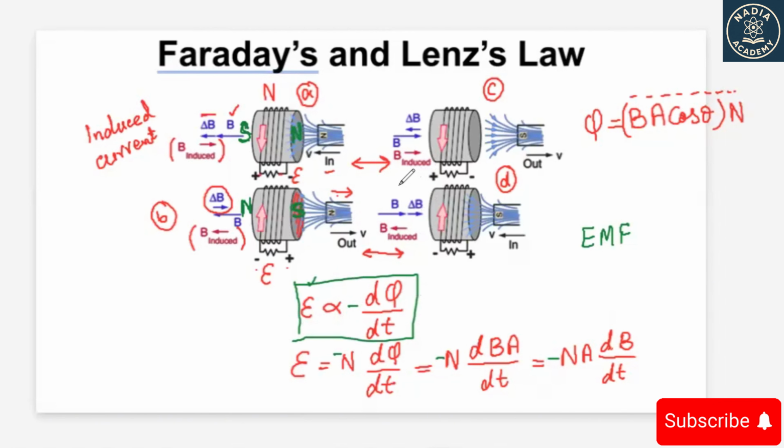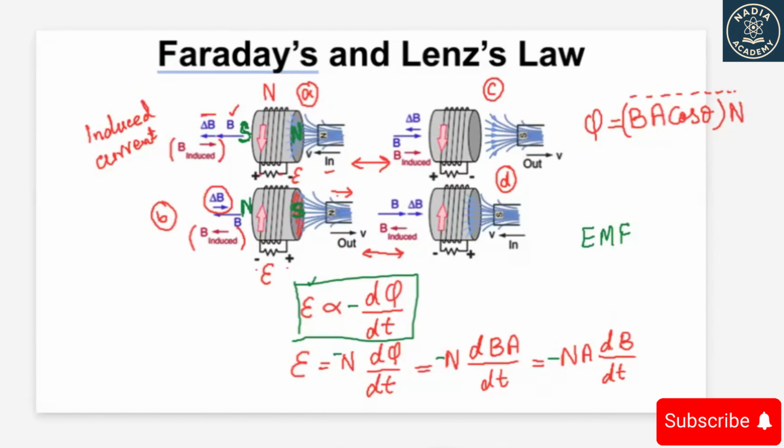This is Faraday's law and Lenz's law, the main concept of induced electromotive force in the coil. Now, we already learned that when we put a conductor with current in a magnetic flux density, we can see in which direction the force on the conductor will act using the left-hand rule.